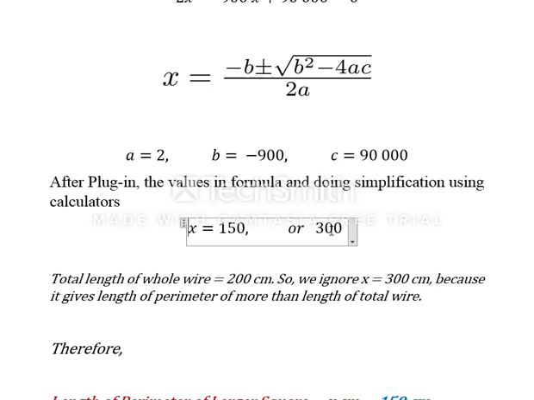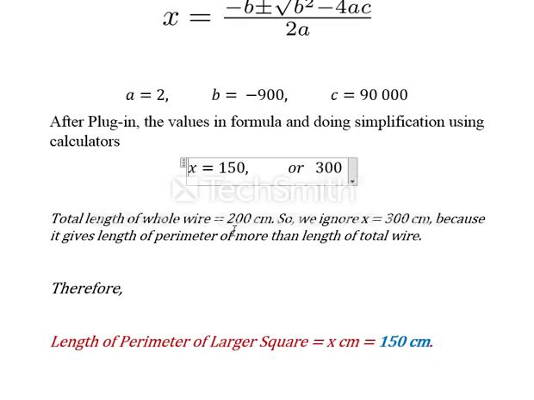But this is not correct because the total wire is 200 centimeter long. So this length 300 is more than 200, which is not mentioned in the question. So this answer 300 is not correct, and we will ignore it. So the correct answer is 150 centimeter.